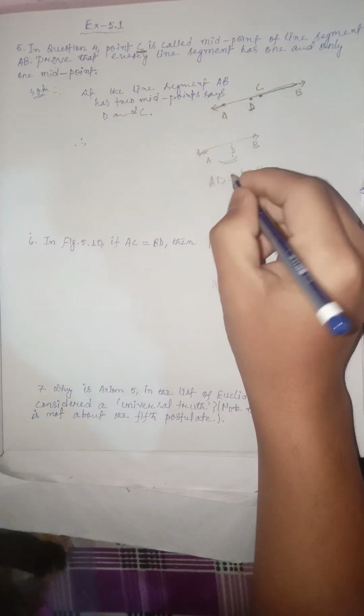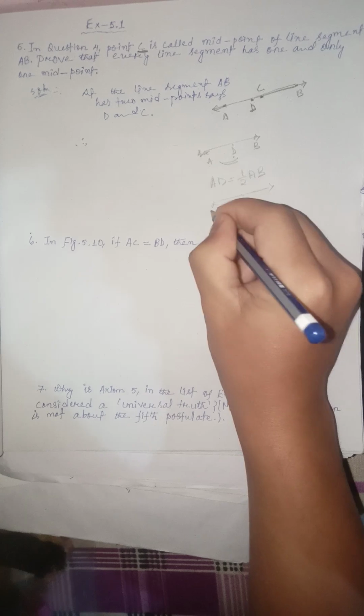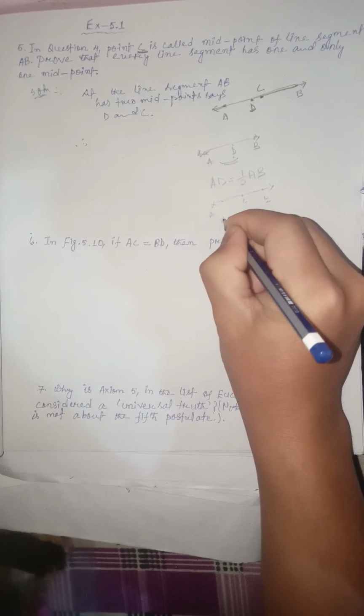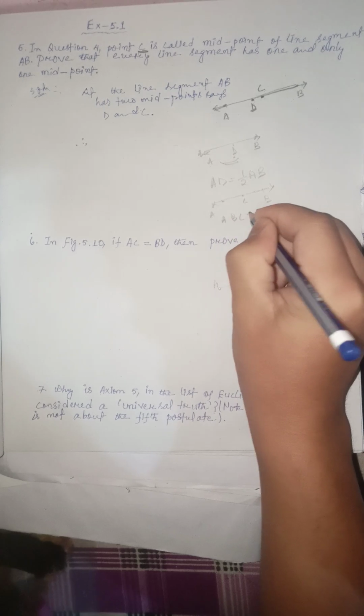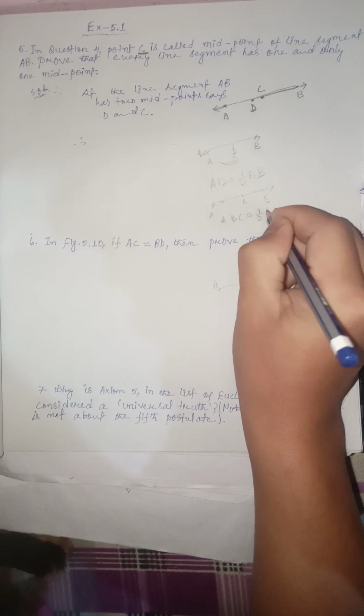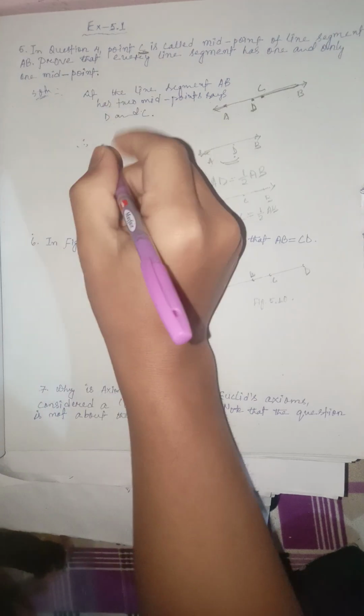Then whenever I consider C as the midpoint of AB, then what should I get? It will be BC equal to half of AB. Alright, now let me write all this here.